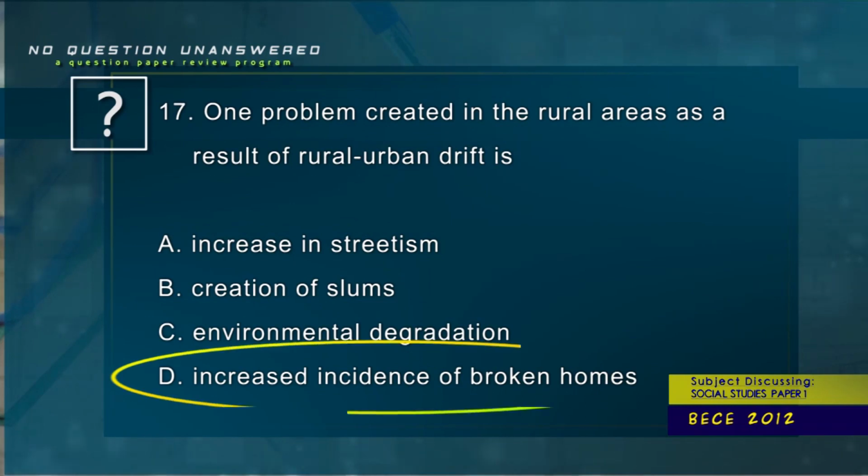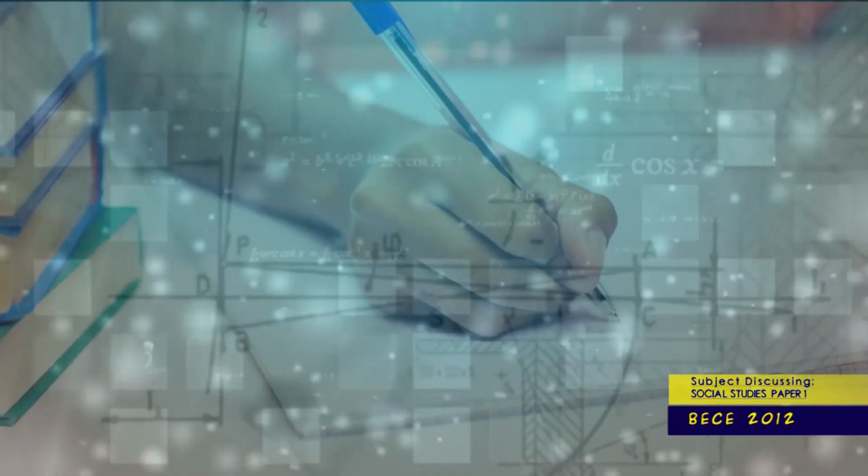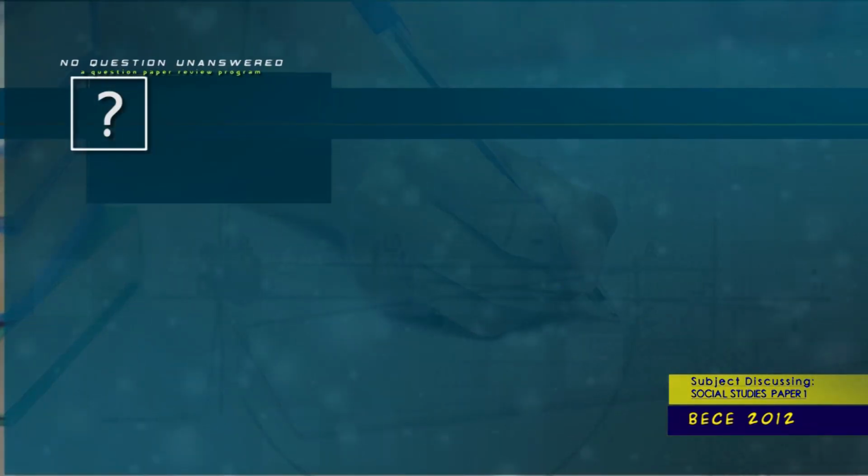Mr. Entry meets a young lady in Choko and starts to date her. Mr. Entry might end up forgetting about his wife and kids at home. This results in what we call a broken home. And so this is the correct answer, D. It is a problem created in the rural areas as a result of rural-urban drift: increased incidence of broken homes.